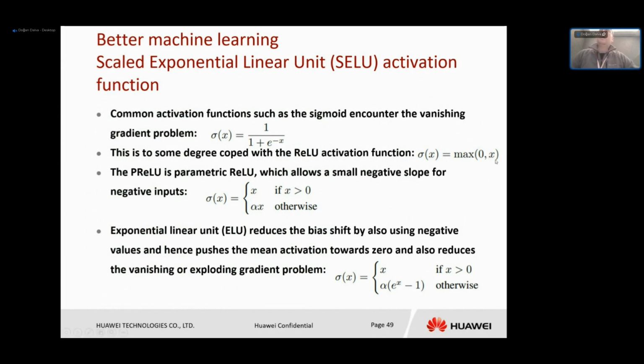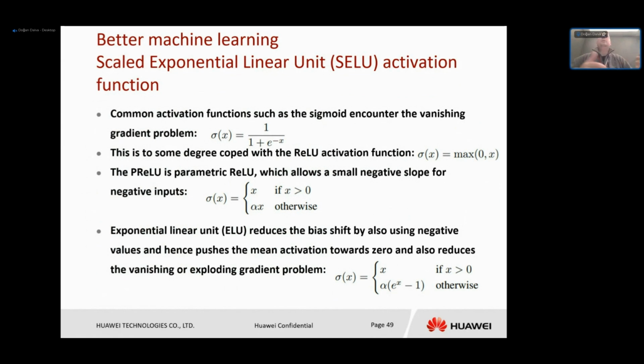This is useful, but we also need the negative slope, as I mentioned, in the statistical activation layer, where we can have negative values. An activation function that also uses negative values is beneficial to the learning.